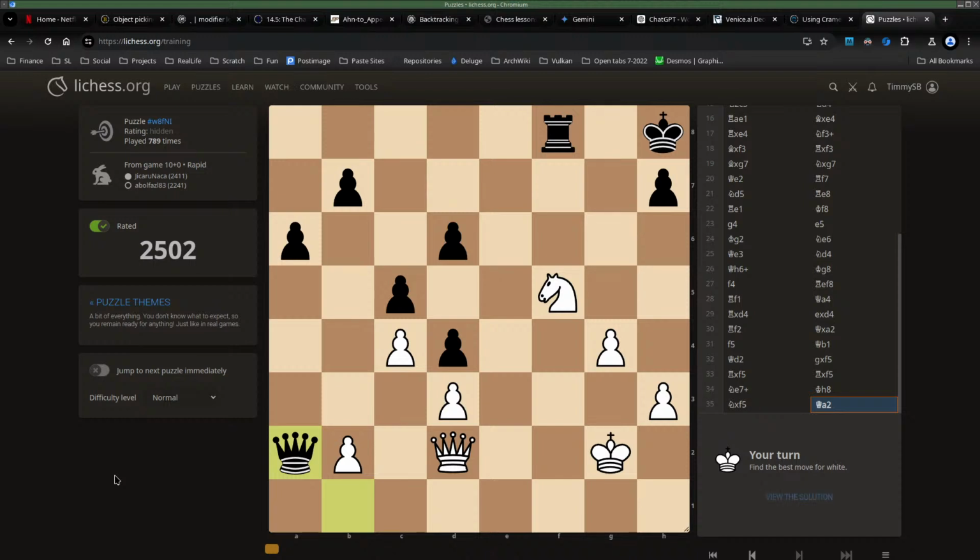White to move. Can threaten mate here. Rook there to defend does not help, because check, rook in between, mate.